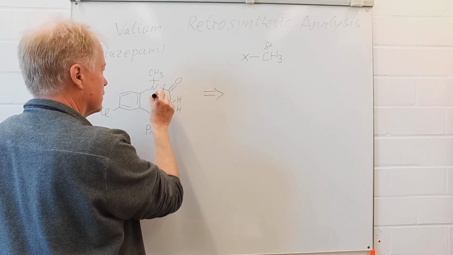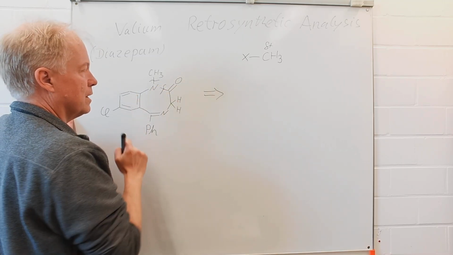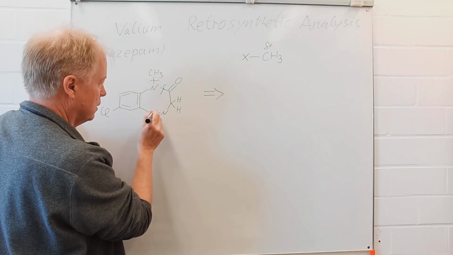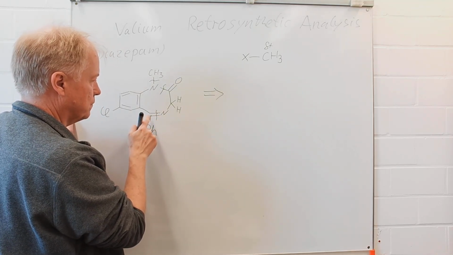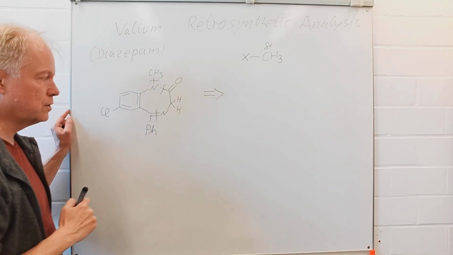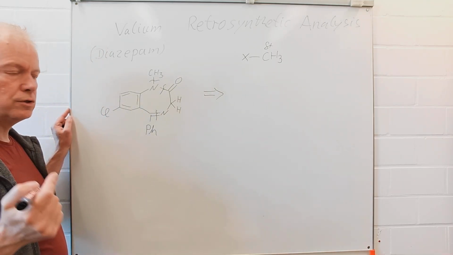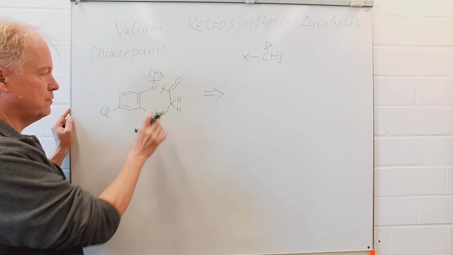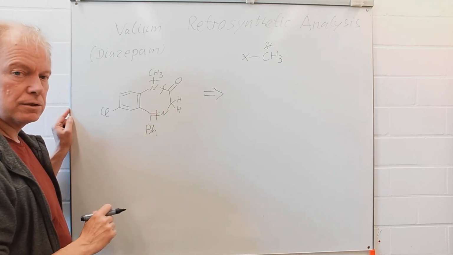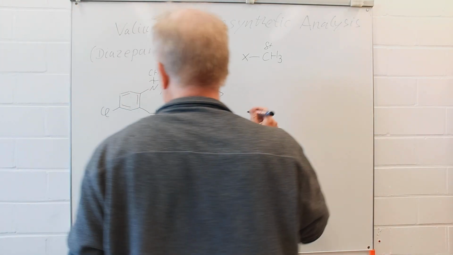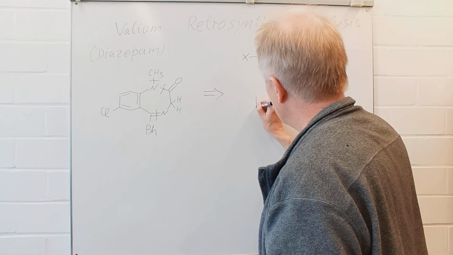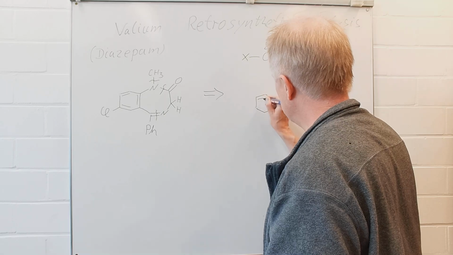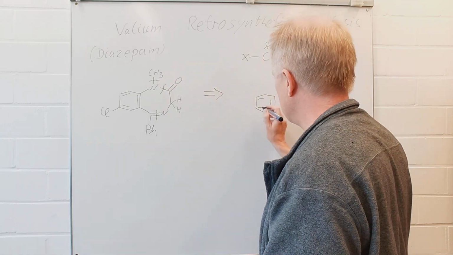Then such amide bonds are also easily formed, and here we have an imine functionality which is also easily formed, in that case by a condensation process between a carbonyl compound and an amino group. So what partial structures do we have now if we cut all those bonds?